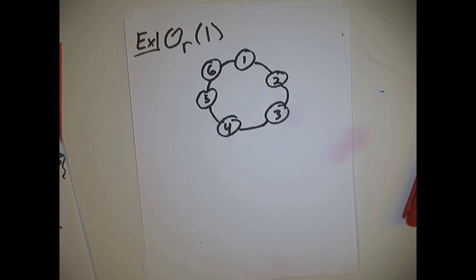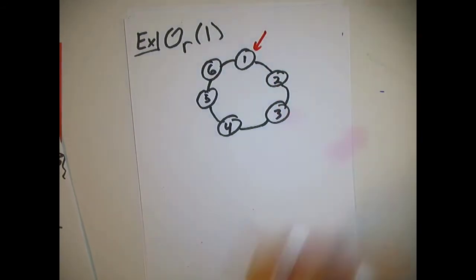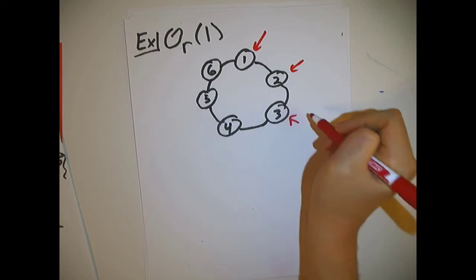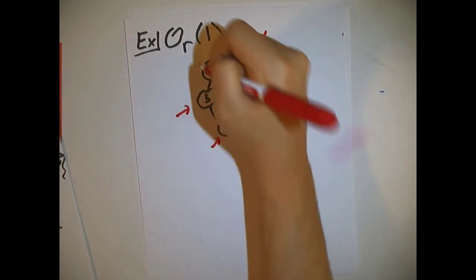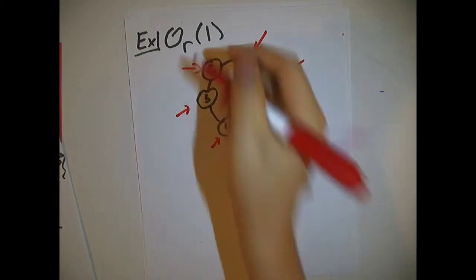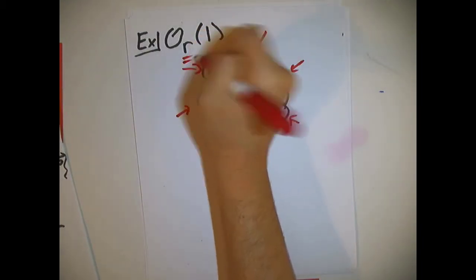And for this one, if I start at 1, and then I apply the rotation, then I end up at 2, and then I end up at 3, and then 4, and then 5, and then 6, and then finally back at 1.